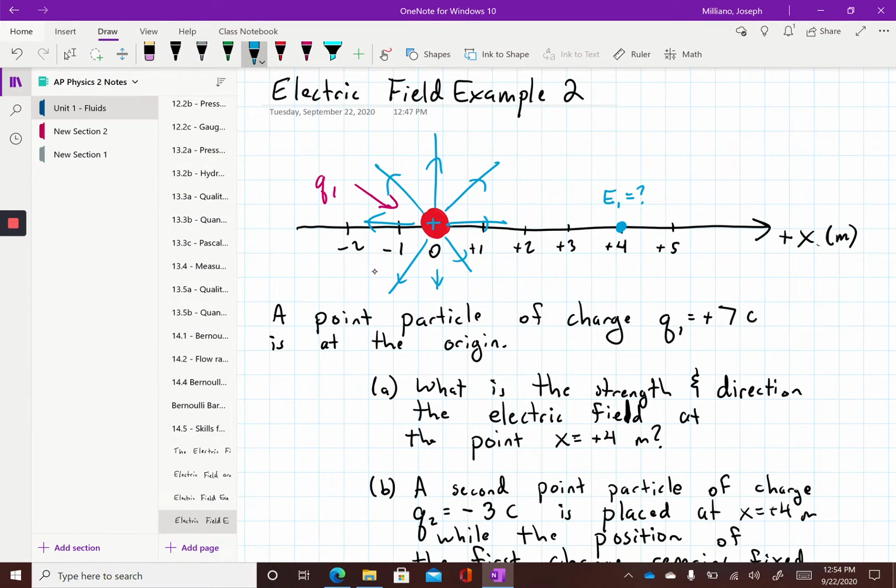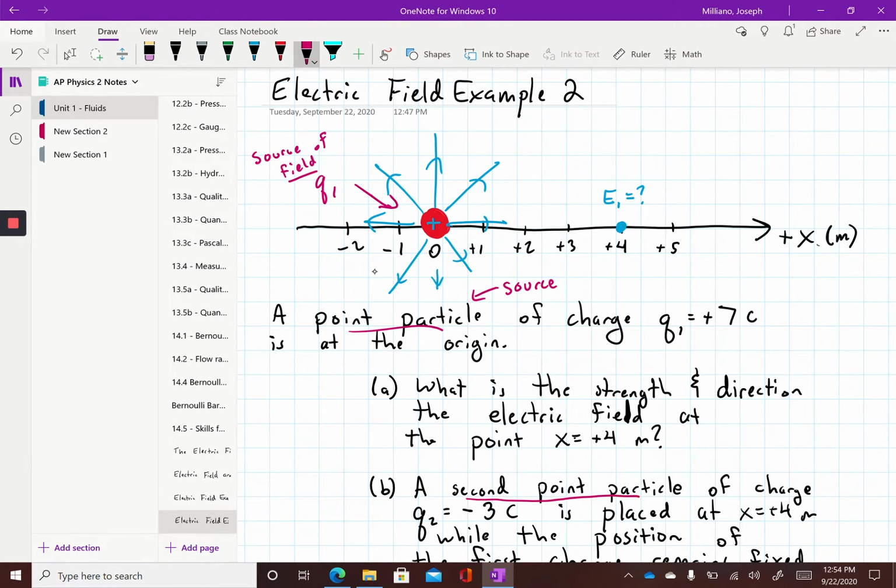And the second question is what happens when we place a second charge in that field? So some terminology, we are going to choose to call charge 1 the source of the field. So this point particle is our source. This is somewhat of an arbitrary choice. But we're going to look at its electric field, so we're considering it the source.